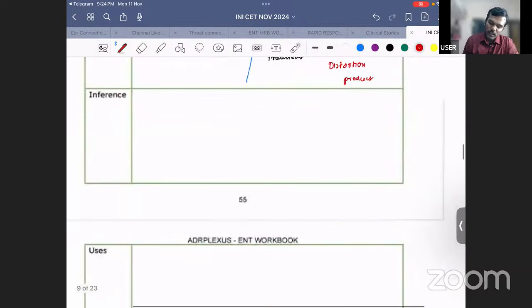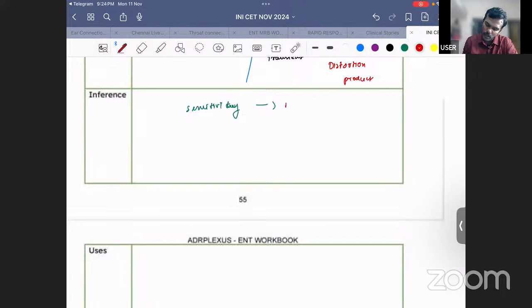So how can you infer? This test has good sensitivity. If it shows normal, hearing is normal. If it shows refer, that will be the inference from this OAE.